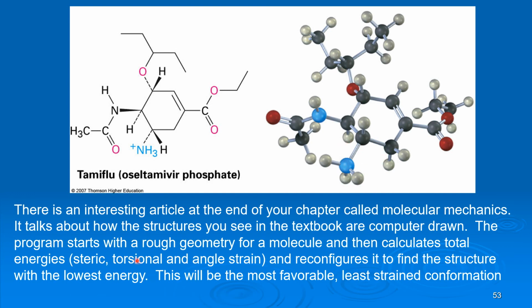Well, it takes a rough geometry, calculates the energies using all those different steric, torsional, and angular strains, and then configures it to show what it would look like at the lowest energy possible. And that's how they get these pictures. This is Tamiflu, so that's very interesting. So, of course, the two-dimensional shape doesn't tell you a whole lot. And that's the end of this.